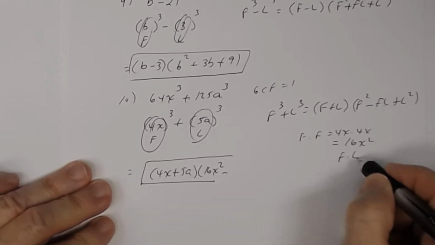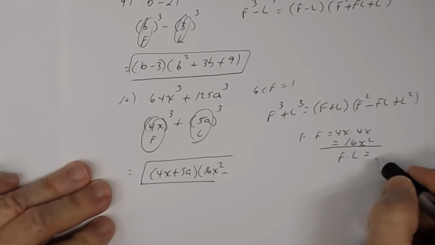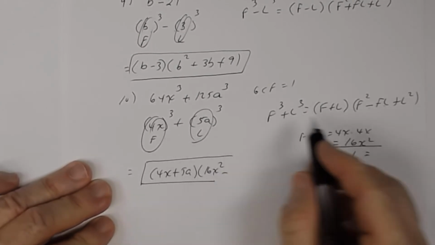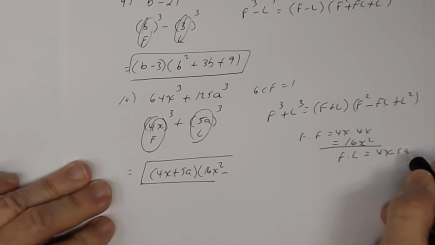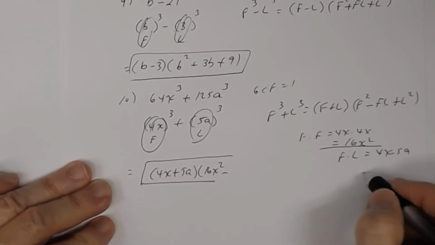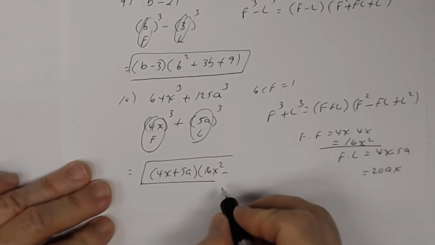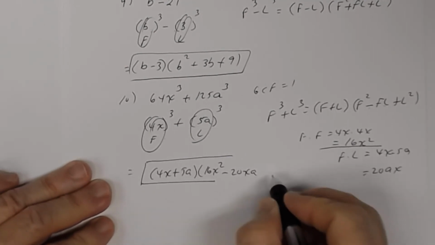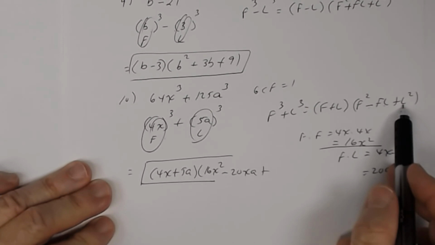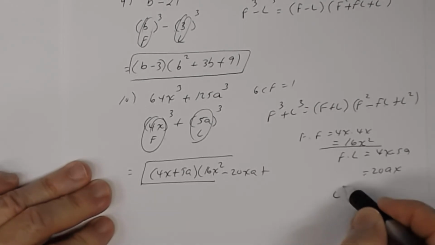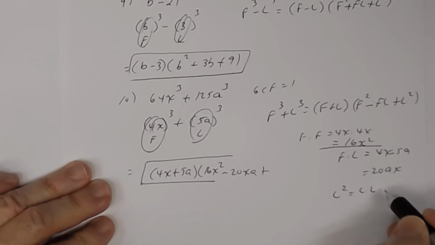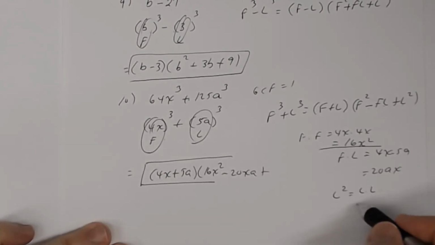So let's figure out what F times L is. So F times L is 4x times 5a. Well, 4 times 5 is 20, so that's 20ax or 20xa, does not matter. Okay, and then plus, and then L squared means L times L. Well, L is 5a, so that means 5a times 5a, which is 25a squared.